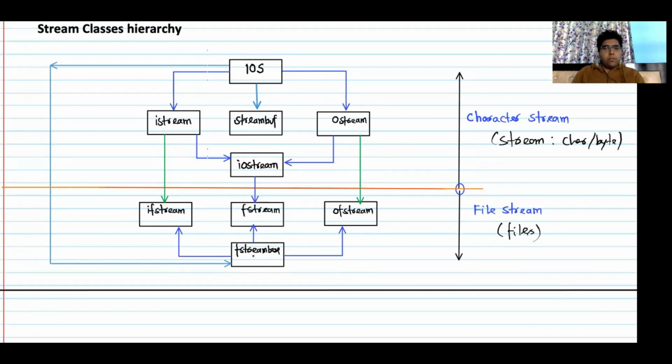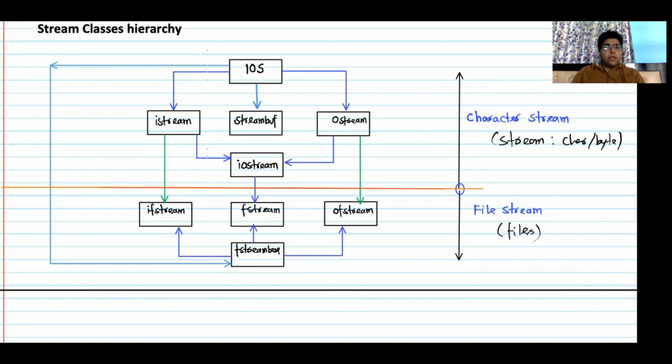So the fstreambase class is also inheriting the ios base class. So ios is the superclass of the fstreambase class, and fstreambase is the superclass of the ifstream class, fstream header file, and ofstream class. So this is the hierarchy of stream classes in C++. Whenever you are dealing with bytes and characters, you have to focus over here, and whenever you are dealing with files, you have to focus over here.